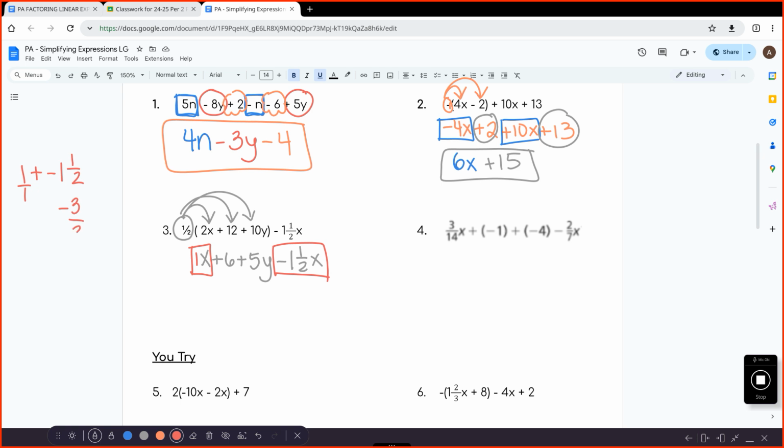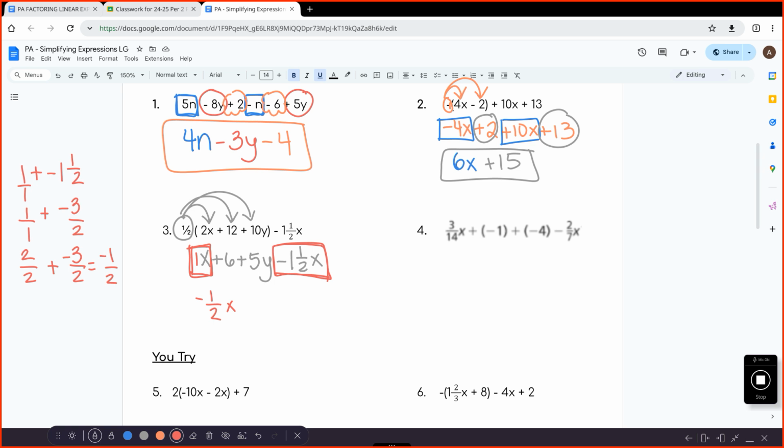So I have negative 3 over 2 here, and then I have this 1 over 1. This 1 over 1 is really 2 over 2, and then I have this negative 3 over 2, because we need common denominators of 2. And now we have negative 1/2. So here, when you combine these like terms, you end up with negative 1/2 x.